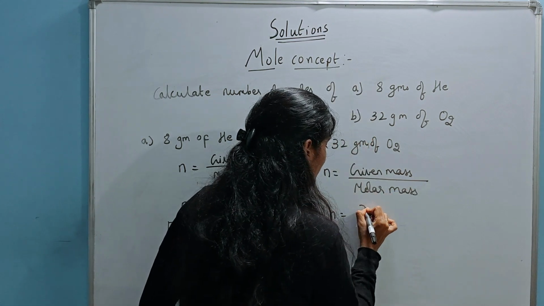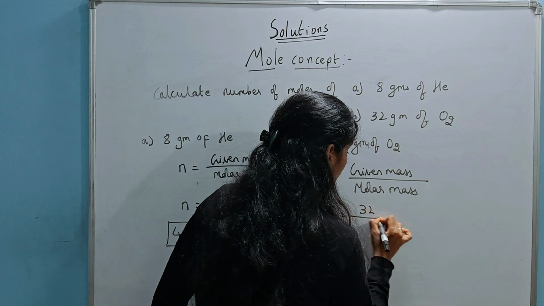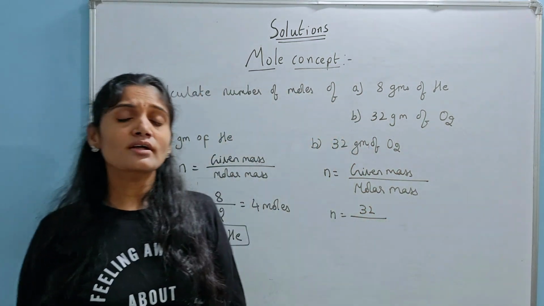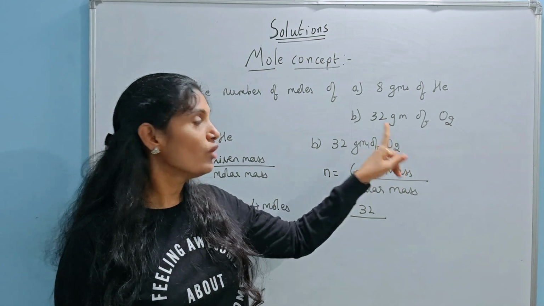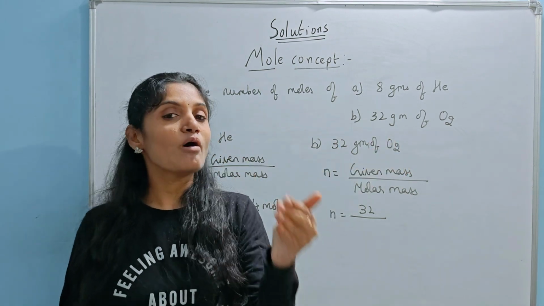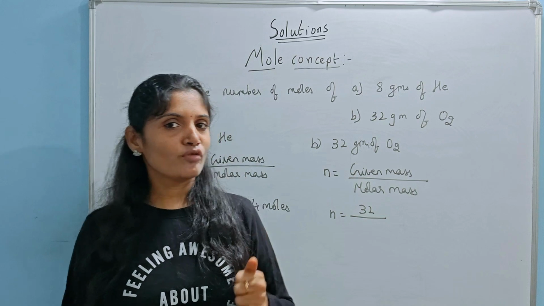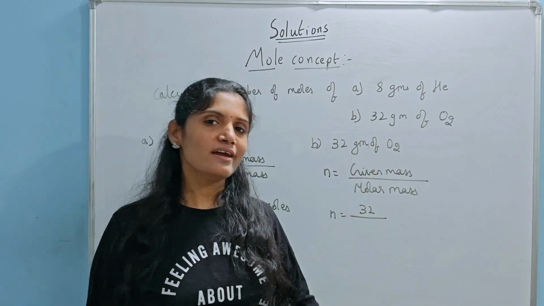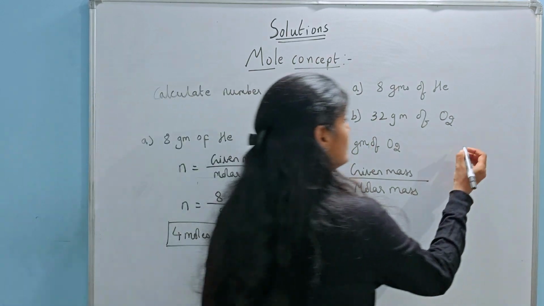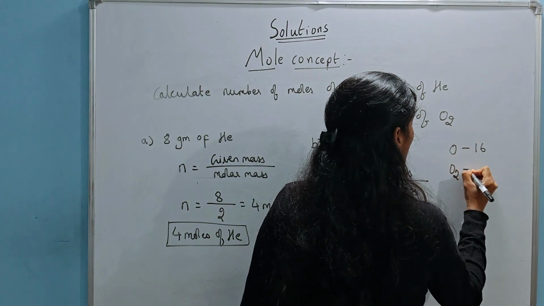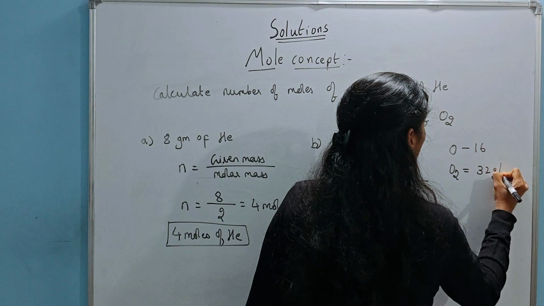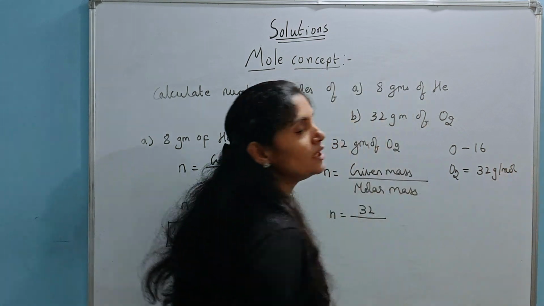The given mass here is 32. What is the molar mass of oxygen? Single oxygen molar mass is 16, but oxygen is in diatomic form here. So 16 plus 16 is 32. What is the molar mass of oxygen here? 32 gram per mole.